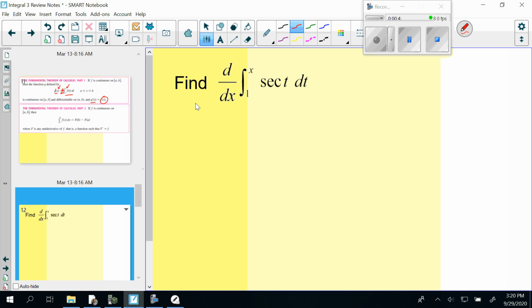So if we apply fundamental theorem of calculus to this, that means taking the derivative of that should result in this same function of secant here, but now instead of a function of t, this ends up being a function of x. And so basically you just end up replacing the t with an x. So that would be the solution to this one.